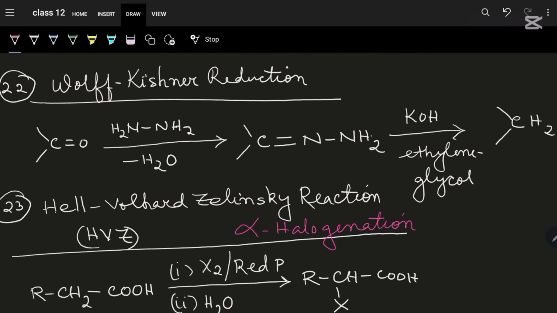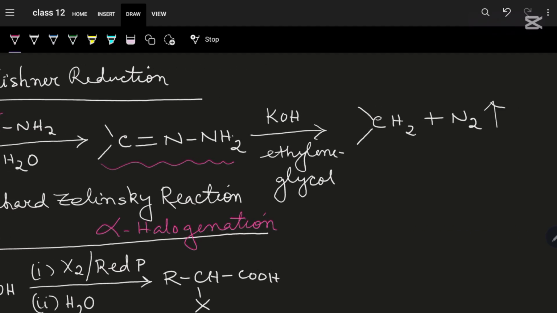Wolff-Kishner reduction, again here carbonyl compounds, aldehydes and ketones, undergo reduction. Here you remove H2O and join the carbon and nitrogen by a double bond, and you get this linkage. Then you add KOH in presence of ethylene glycol, and there is addition of H2 by the removal of N2.